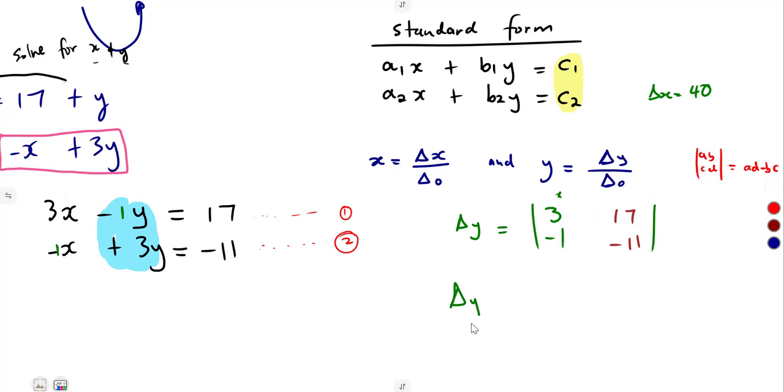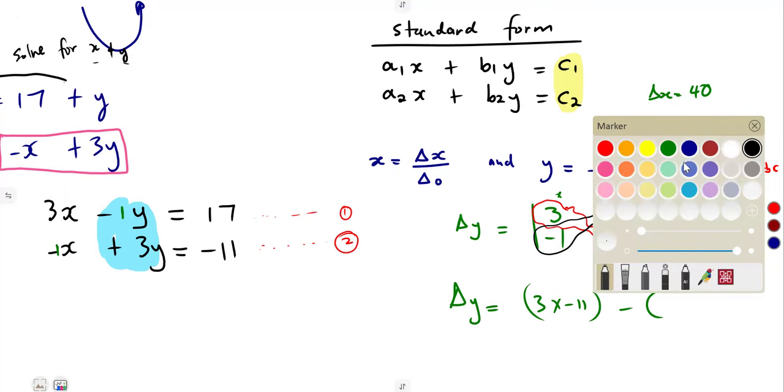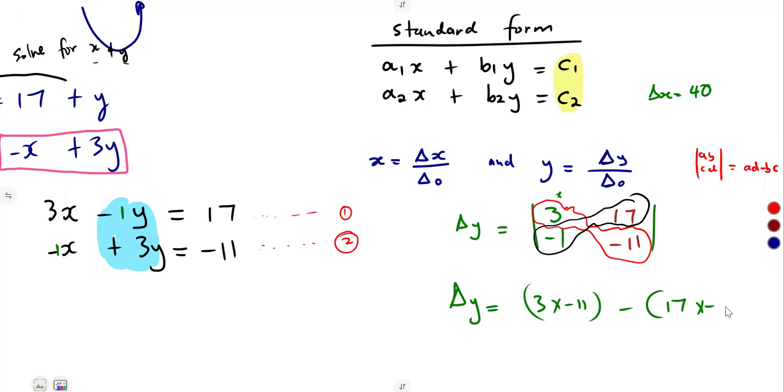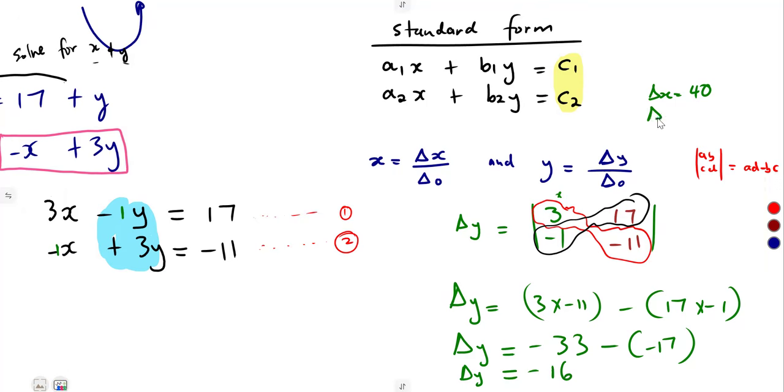Then determine the determinant, as we had before: the product of the major diagonal, 3 and negative 11, minus the product of the minor diagonal, 17 and negative 1. So you're going to determine negative 33 minus negative 17. Using your calculator, you're going to obtain negative 16. So this is the determinant with respect to y, negative 16.